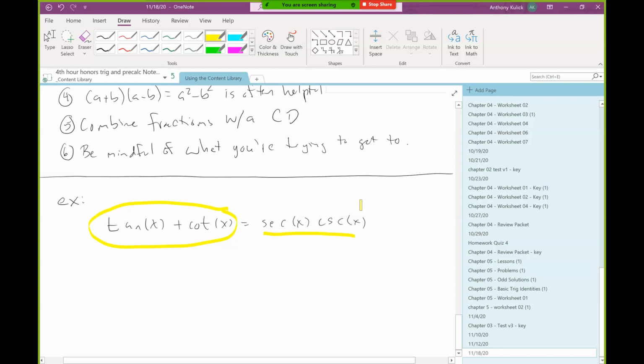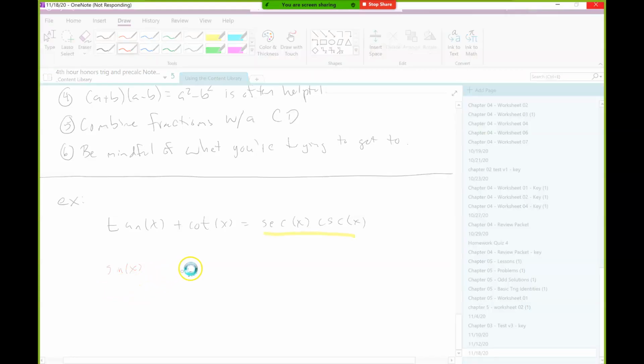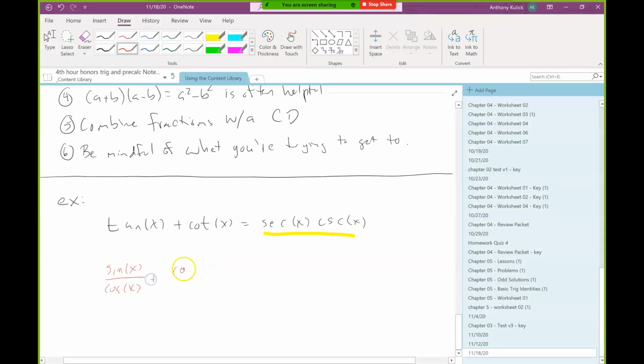Based on my advice, if I'm stuck, maybe I should try rewriting everything in terms of sine and cosine. So I'll do that. I know tangent is sine over cosine, and cotangent is cosine over sine.